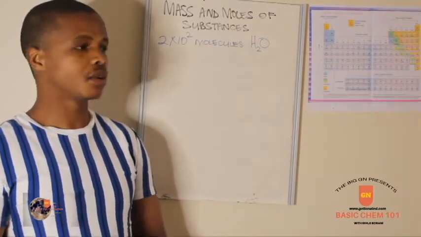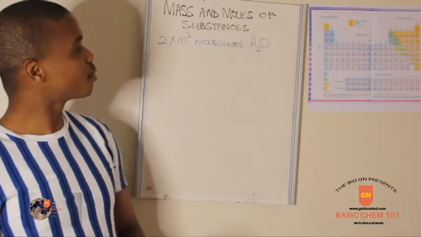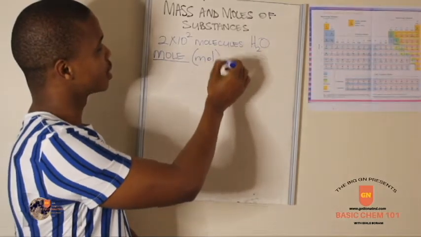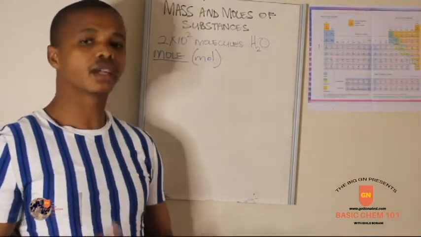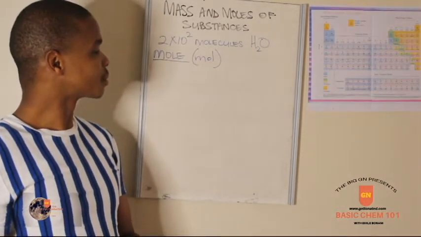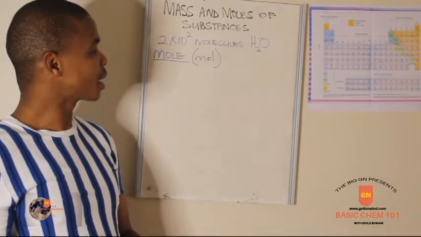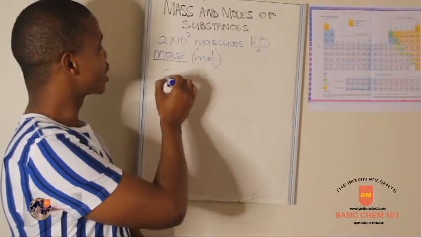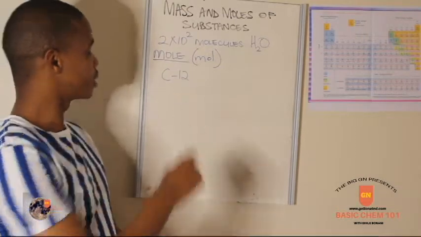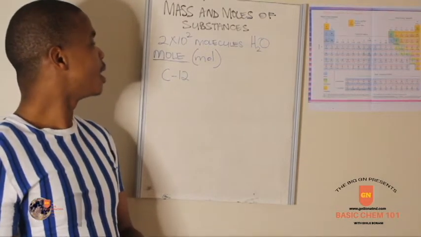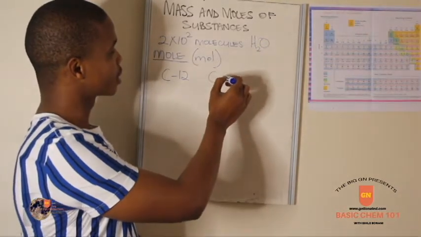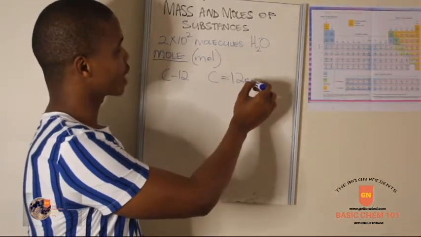So what chemists did was to adopt the concept of a mole. They would write mole like this. Now, in a mole they speak about carbon 12, carbon with atomic number 12, and carbon being 12 grams.